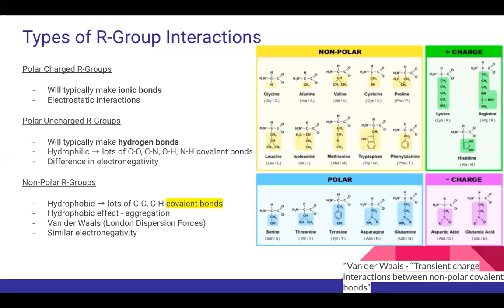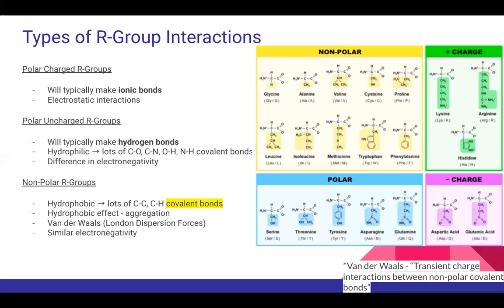Because remember, to make a hydrogen bond, you need an oxygen, a nitrogen, or a fluorine, and your hydrogen, obviously. But when we're talking about cellular biology, we usually don't need to think about fluorine because you're usually not going to have it. So as long as you have your nitrogen and your oxygen and your hydrogen, you can usually make a hydrogen bond. And these polar amino acids are pretty good at that. They're hydrophilic and they have a large difference in electronegativity.